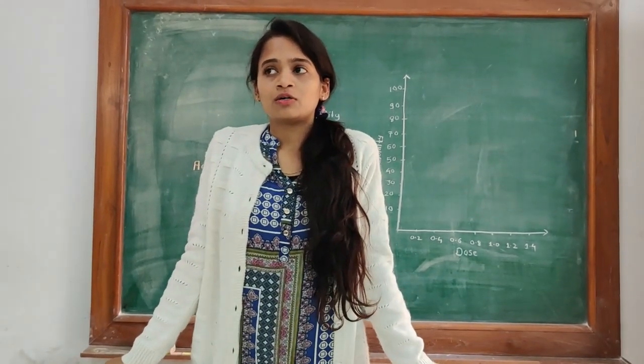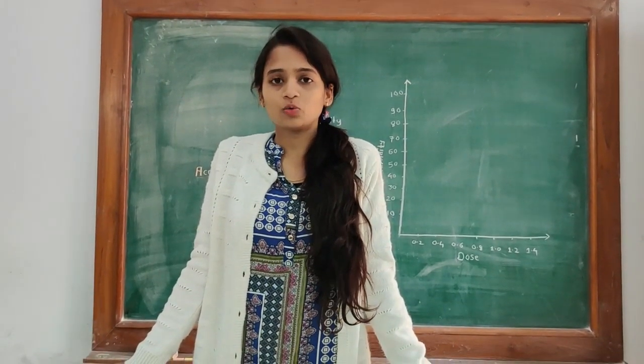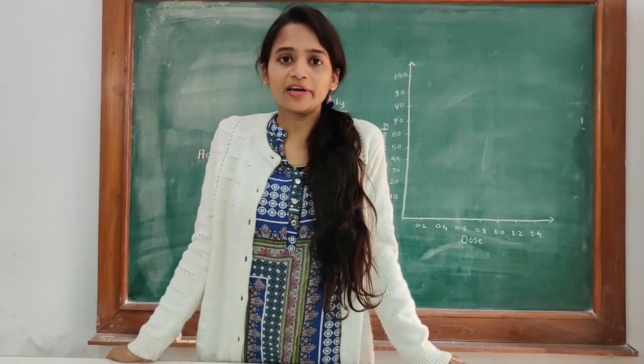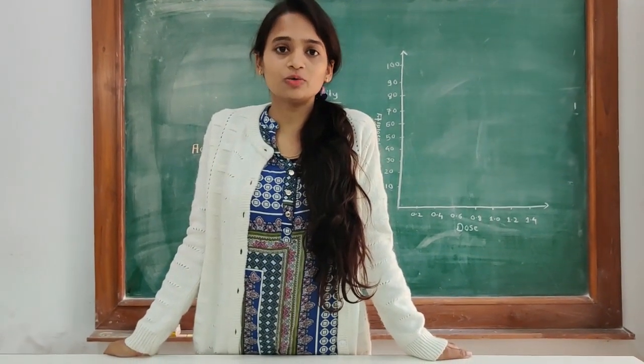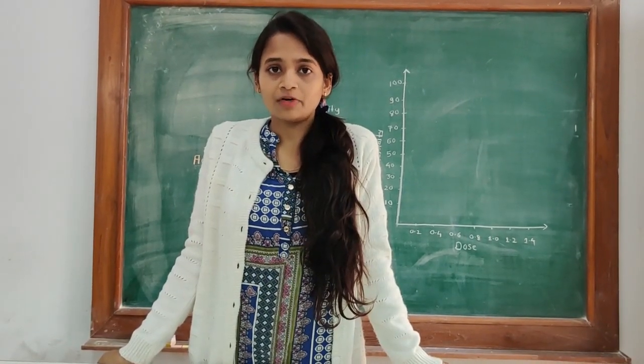The chemical that we use for coagulation is known as a coagulant, and you might be aware that the most commonly used coagulant is alum. So in this experiment we are going to find the optimum dose of alum for the efficient removal of turbidity.